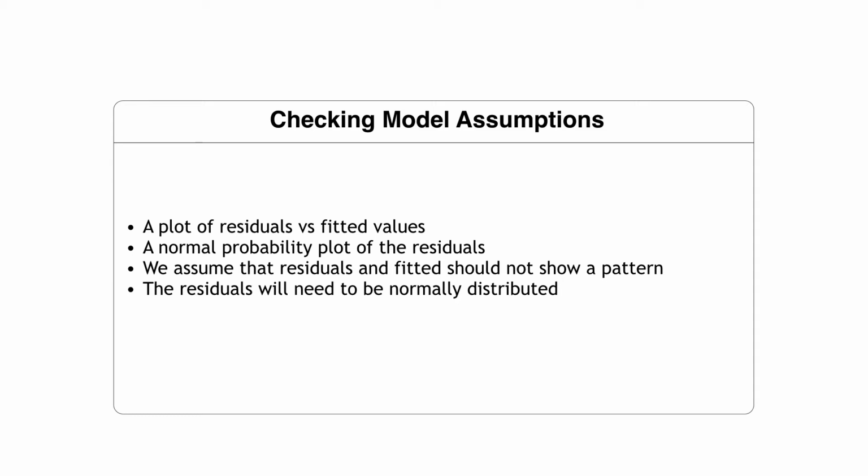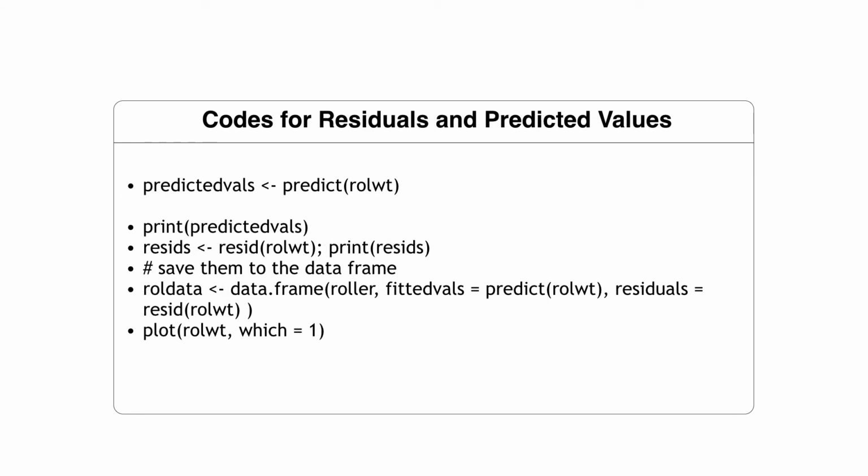So let's see how we can accomplish these kinds of activities in R. We're going to put some code for residuals and predicted values. The function that we use for that is predict, and then you open and close the parenthesis, and within the parenthesis you type the object of the linear model. Remember, when we started working on this, we wrote the code in the Wilkinson-Rogers formula of a linear model and stored that into an object called role WT.